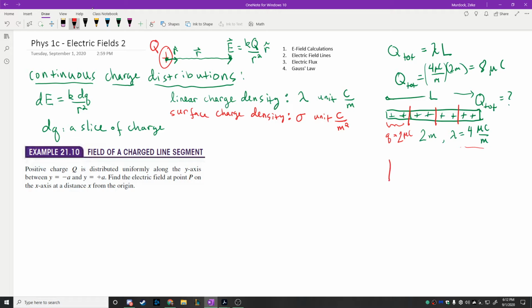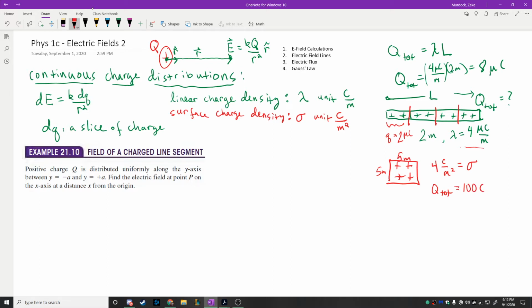Suppose I have a plate with charges uniformly distributed throughout it, maybe 4 coulombs per meter squared, defined as sigma. Then I tell you how big it is: maybe 5 meters on one side and 5 meters on the other. You could find the total charge by finding the area and multiplying by this. What would the total charge on this be? 5 times 5 is 25, times 4. You get 100 coulombs.